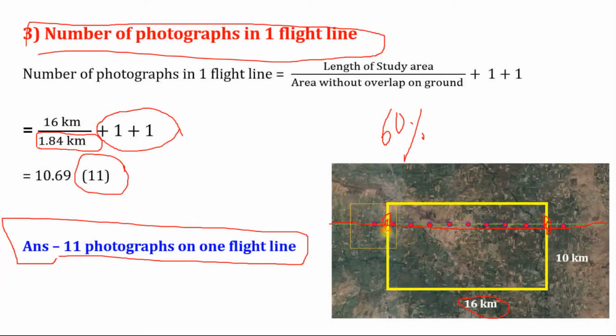So you require 60% overlap here, and in this case, if you capture photographs at this position and at this position, you can easily get the 3-dimension view of this area. For this reason we take one extra photograph from the beginning of the study area and one extra photograph for the end of the study area on a single flight line.